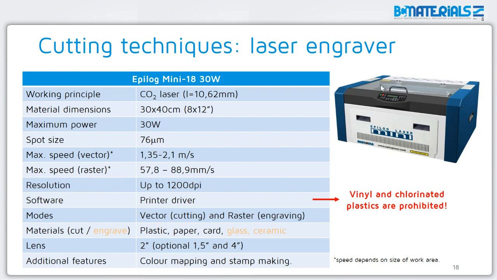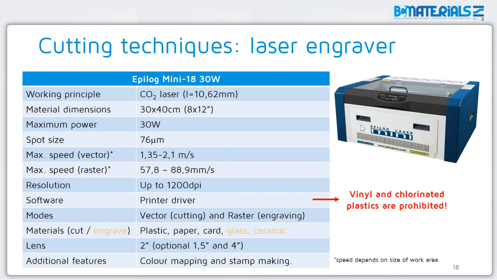So if you're working across the entire table, then you probably reach the maximum velocities. But of course, the head needs to reach that speed and then decrease the speed at the end of the run.